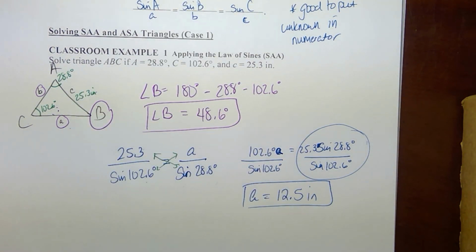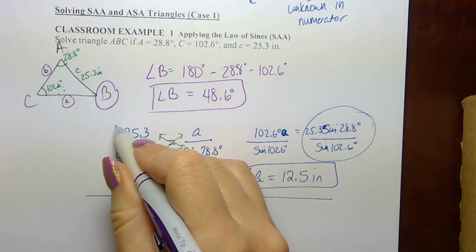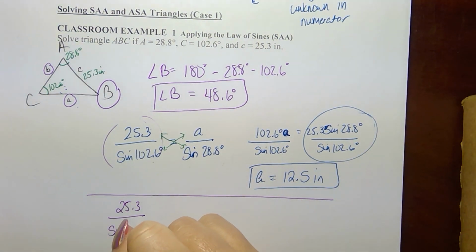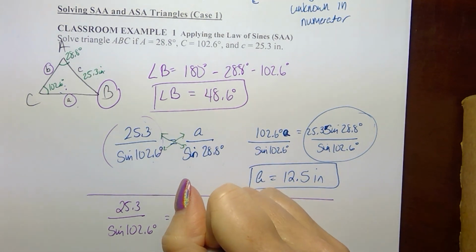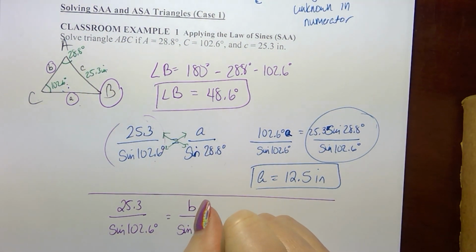Okay, now I'm going to go back and solve for side B, because that's my last missing value. I'm going to start with my known, 25.3 over sine of 102.6 degrees. That's my known ratio. I'm solving for side B, which is going to be over the sine of angle B that we've discovered is 48.6 degrees.